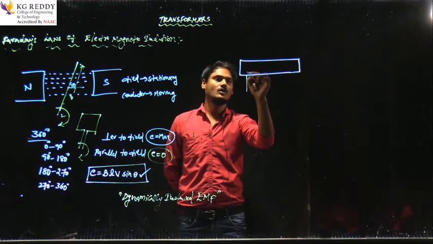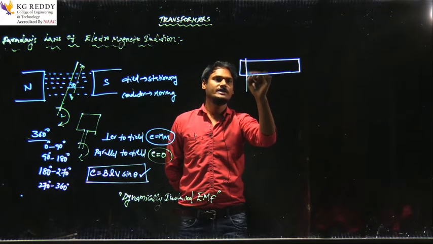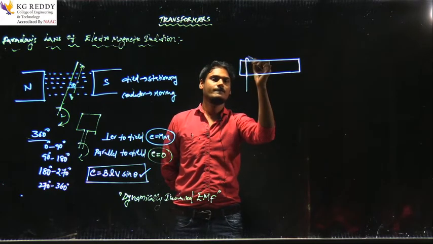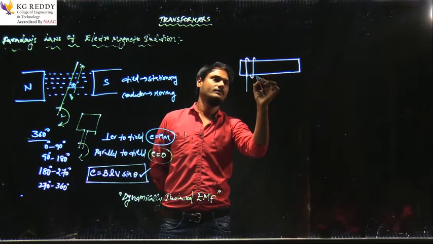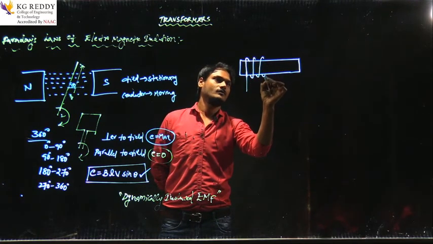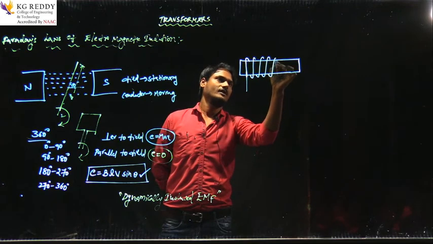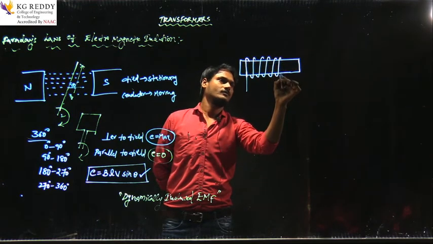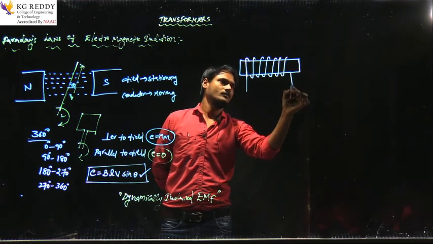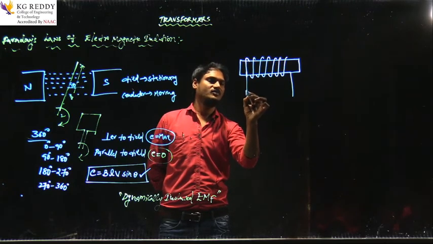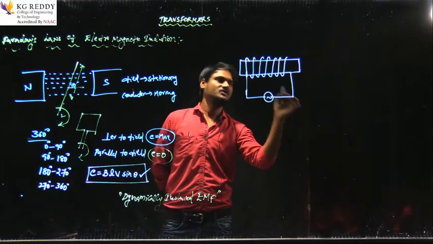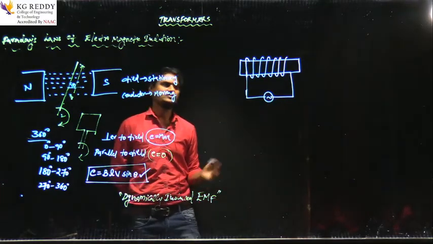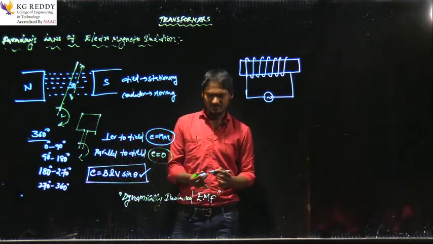On this I am going to take a winding. This is to be like this. Okay. And this winding is excited by an external source. This winding has to be excited with an additional source.